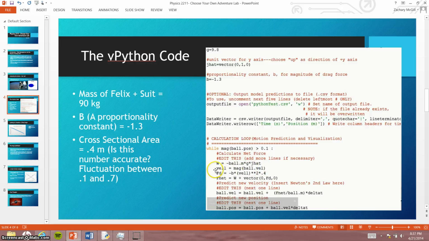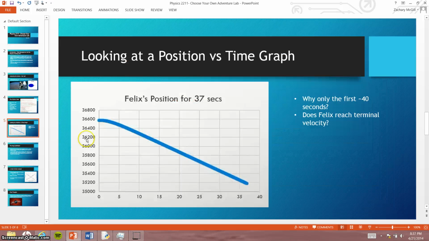We have a drag force, which we'll talk about more later, but is this negative constant times velocity squared. And then we have an F net, which is basically the weight force, or the force of gravity pushing him down, versus the drag force pushing him back up. Of course, we update the ball's position and velocity at the end here. And in my case, I'm writing this all to a CSV file for later observation. So let's go ahead and look at that.